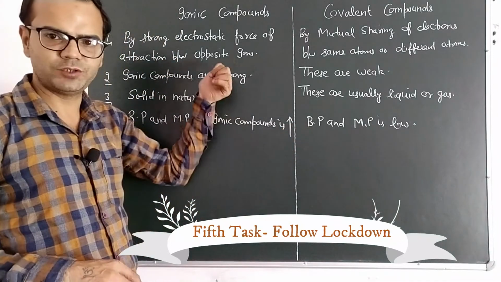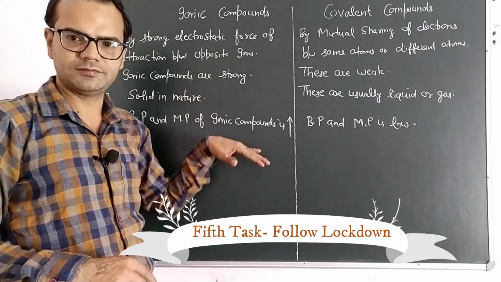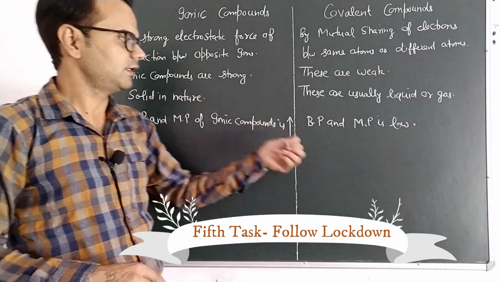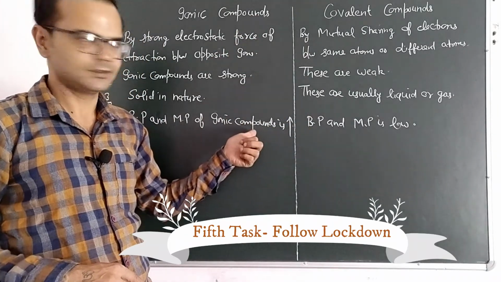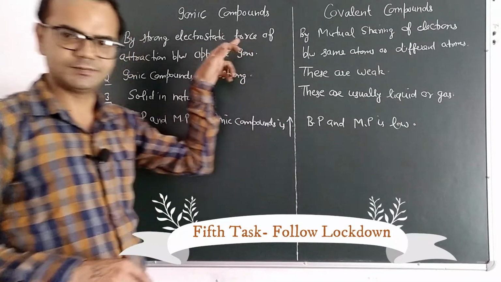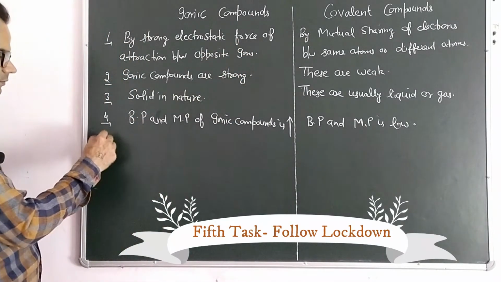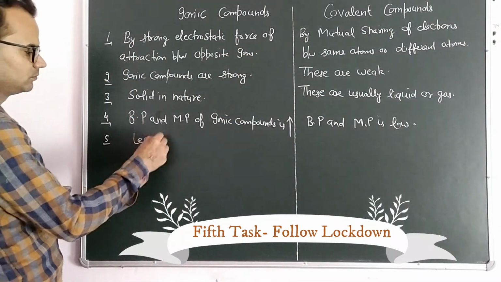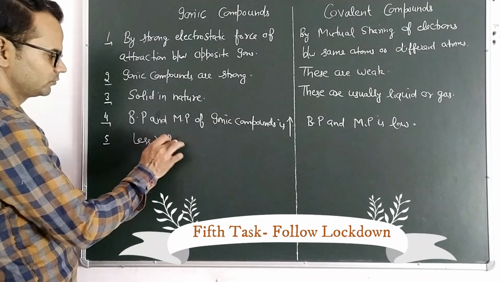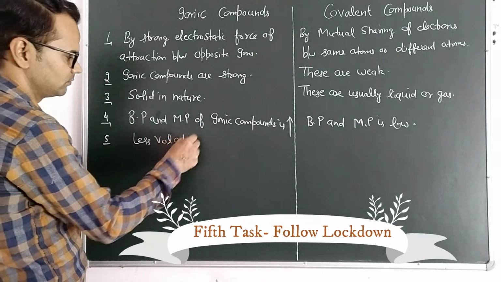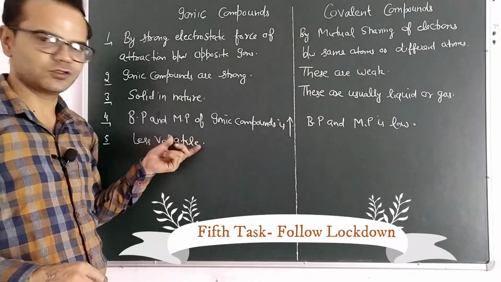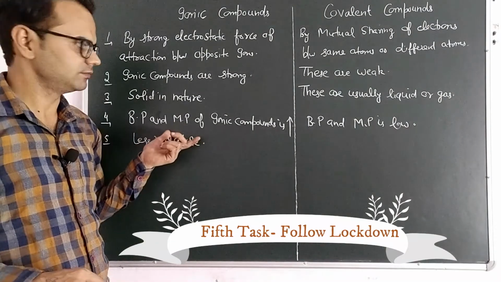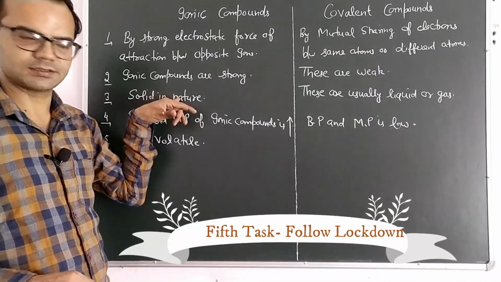Now the next property is connected with boiling point. The higher the boiling point, the lesser the volatile nature. So ionic compounds are usually less volatile. Less volatile means they have less tendency to change into vapors because they are solid in nature.